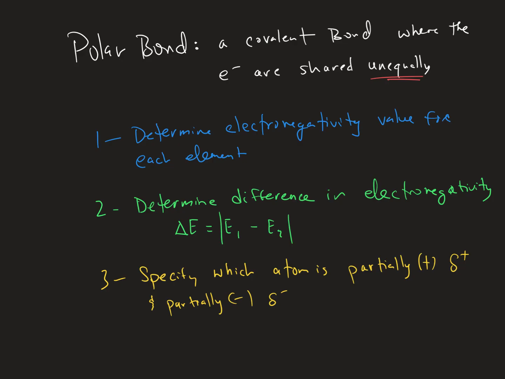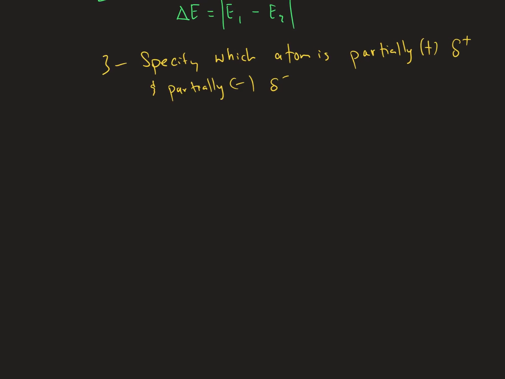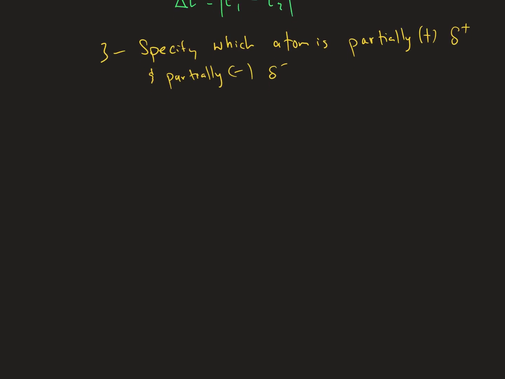Before I give you an example, I'm going to give you the chart to determine whether something's polar or nonpolar. You don't have this chart on the reference sheet, so you're going to have it up here or on your little card or wherever.